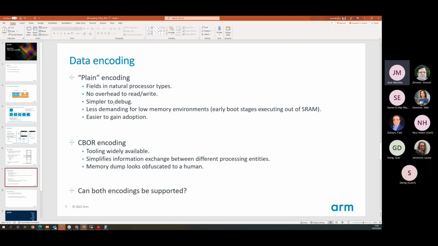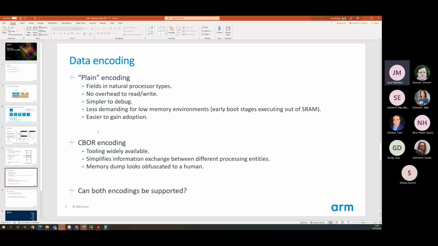Although the data model is not standardized, it's a de facto standard within the code base, and they're really just using plain encoding because that's the simplest thing to do.